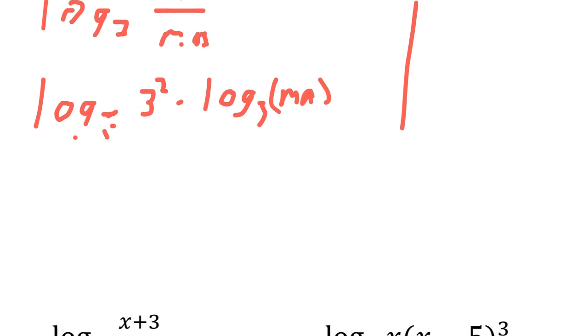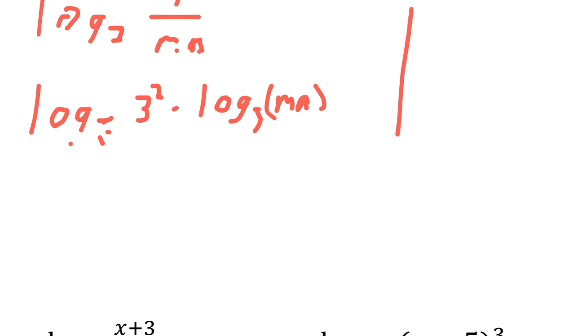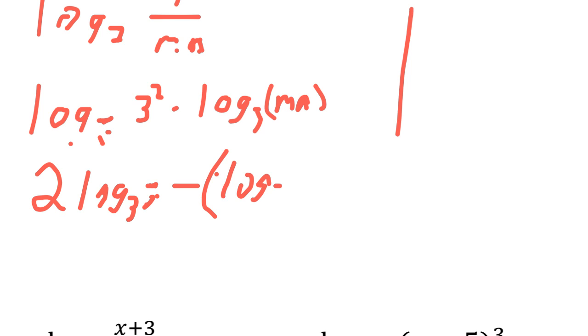And when I bring this 2 out front, I'm going to get a 2 log base 3 of 3, and we know that's 1, minus a log base 3 of m plus log base 3 of n.